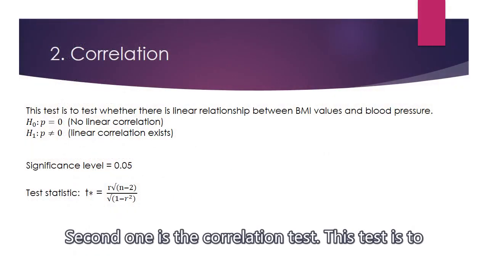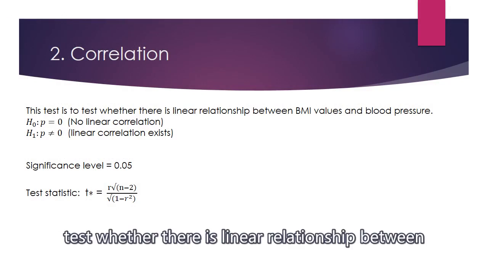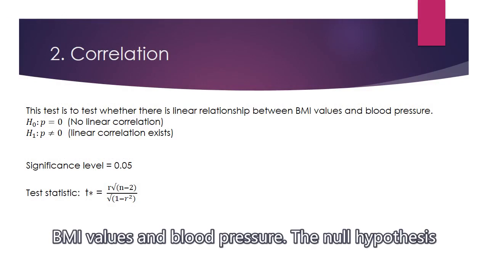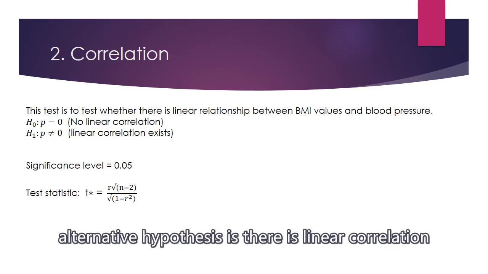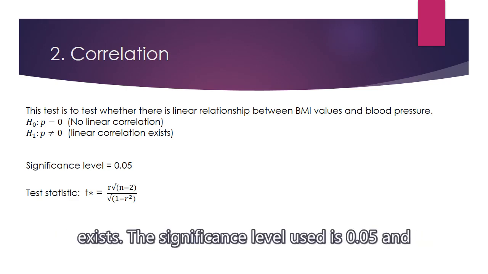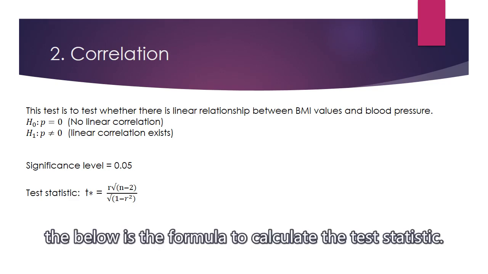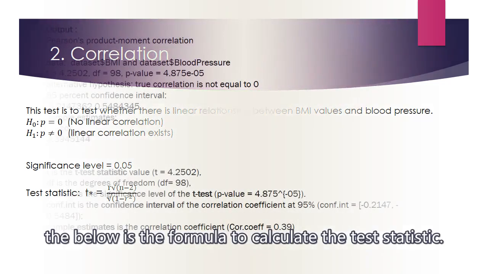Second one is the correlation test. This test is to test whether there is a linear relationship between BMI values and blood pressure. The null hypothesis is there is no linear correlation, and the alternative hypothesis is that a linear correlation exists. The significance level used is 0.05 and below is the formula to calculate the test statistic.